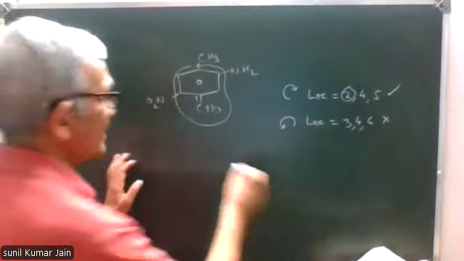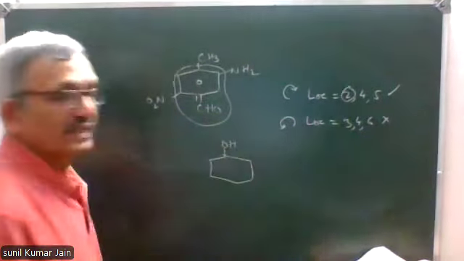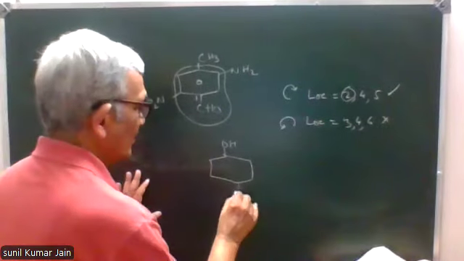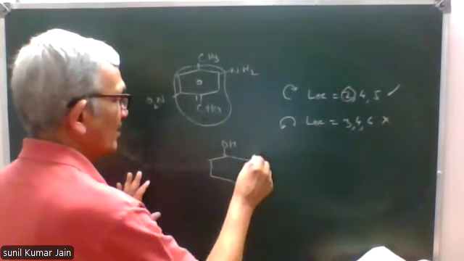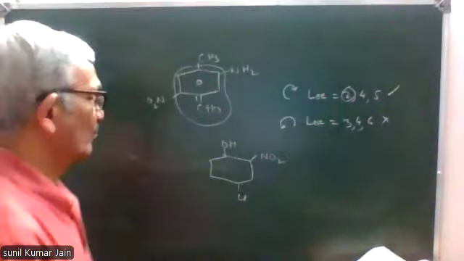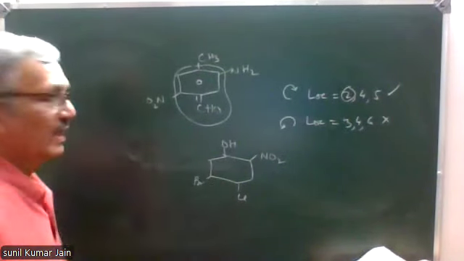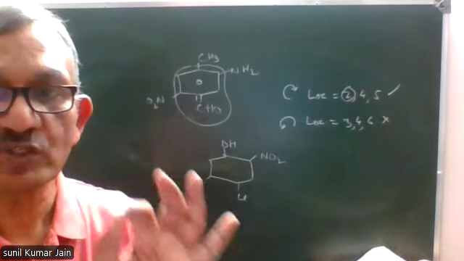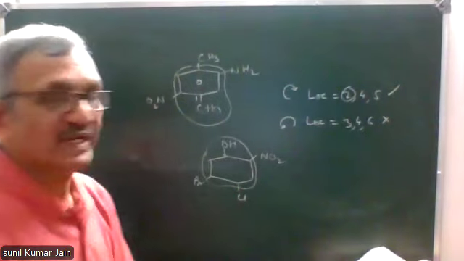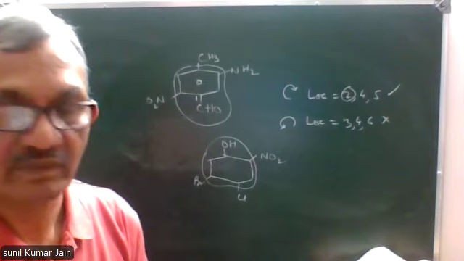One more example. Let us take one more. This is a saturated ring. Group of maximum preference is OH. This part in the circle is cyclohexanol, right?